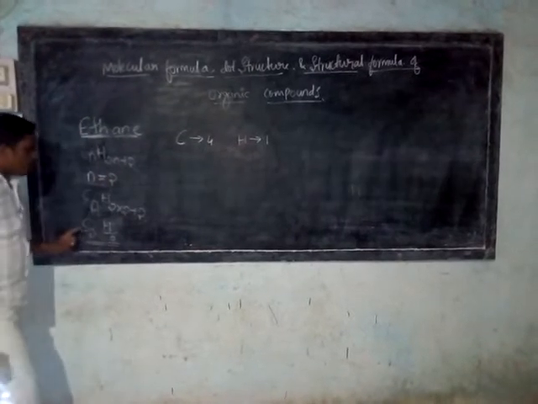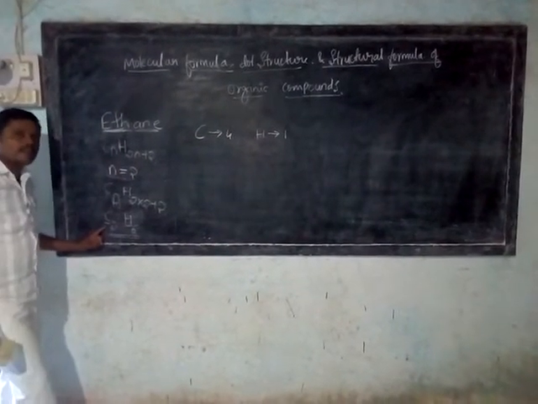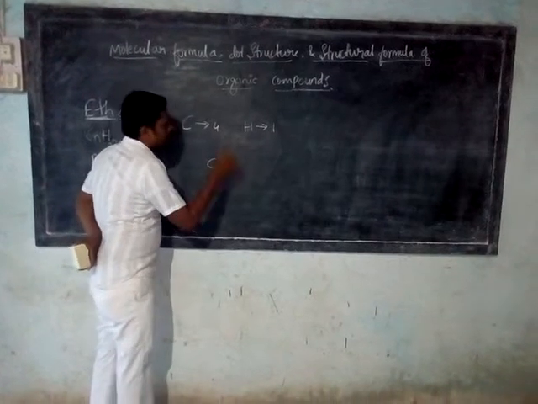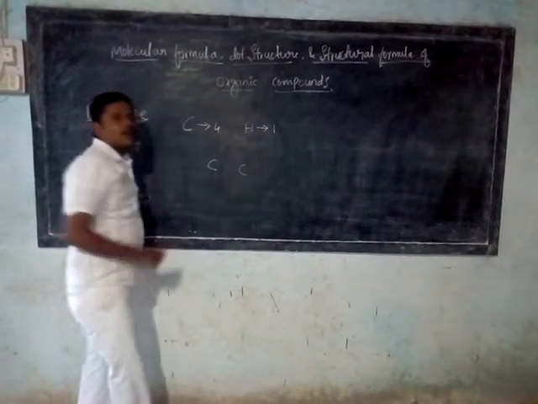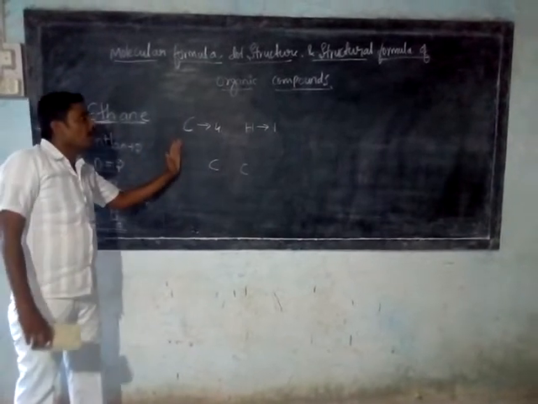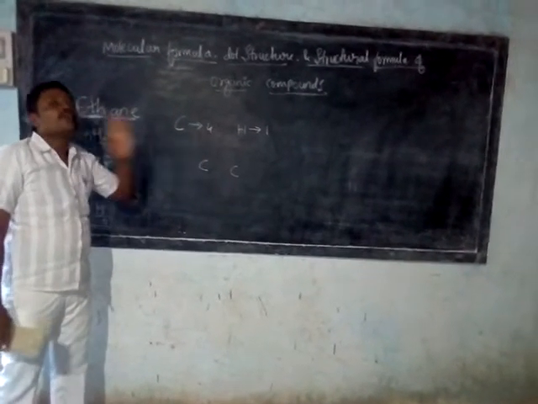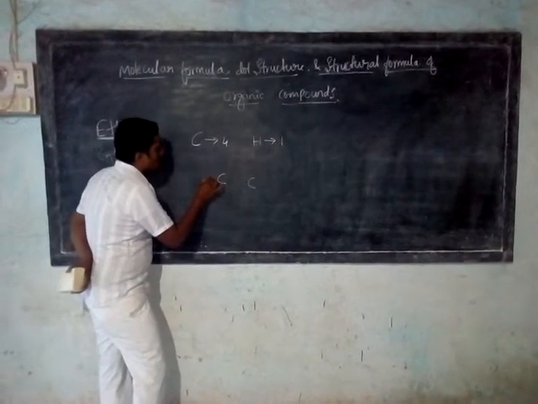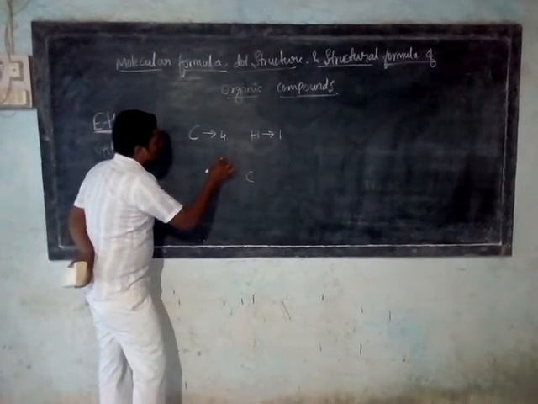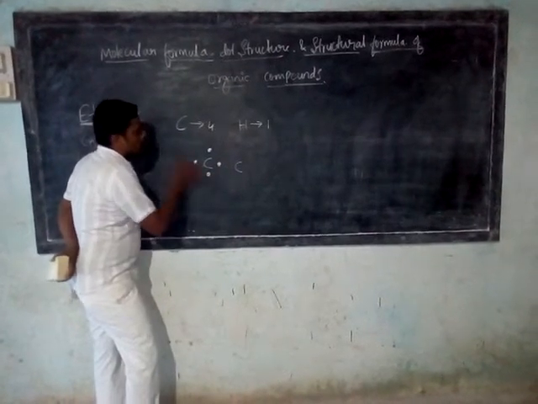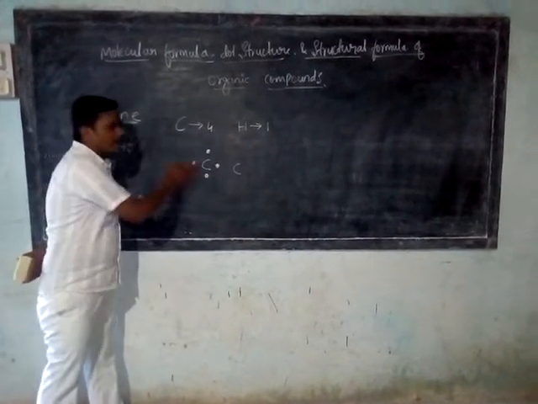How many carbons are there here? 2 carbons. For 1 carbon we put 4 dots: 1, 2, 3, 4.